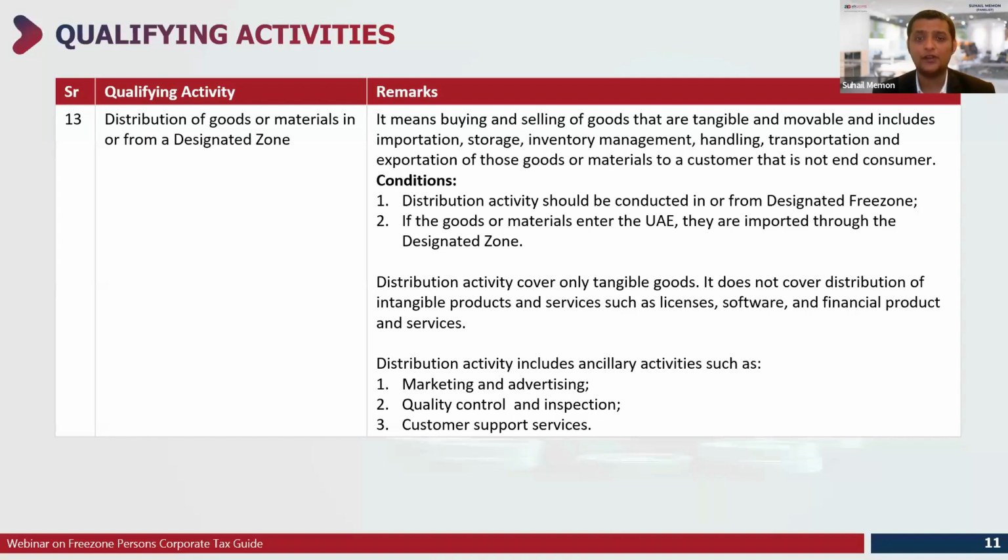Now, coming to distribution activity, it means that your activity needs to be done from a designated zone. So if you are purchasing goods from outside UAE and selling goods outside UAE and booking income over here, which is also called high C sales, this activity, if done from a designated zone, you would be able to claim a 0% corporate tax benefit, subject to other important conditions such as substance and transfer pricing requirements and everything.